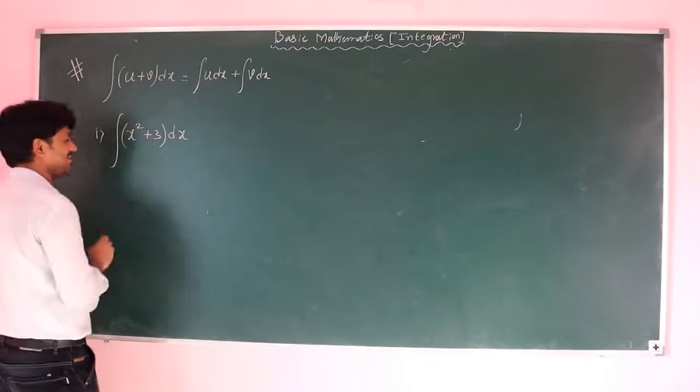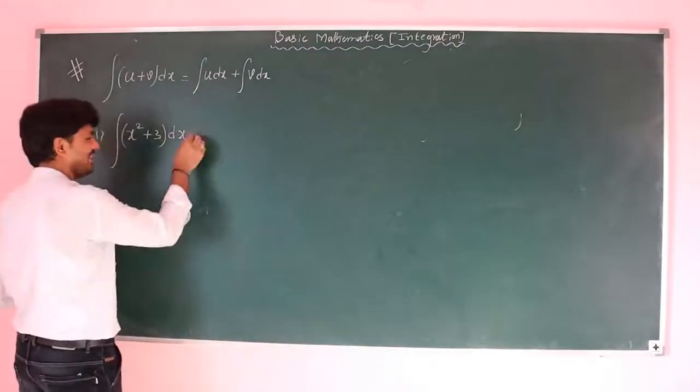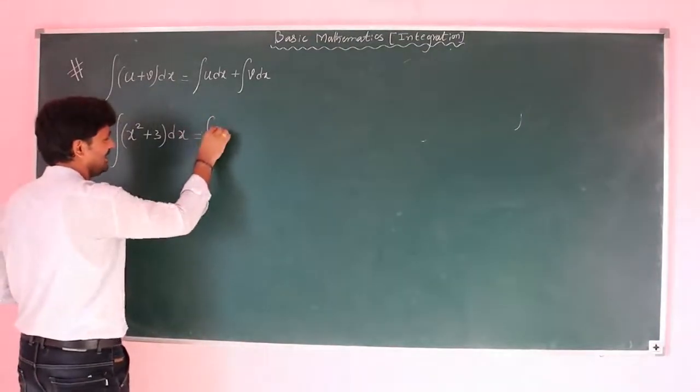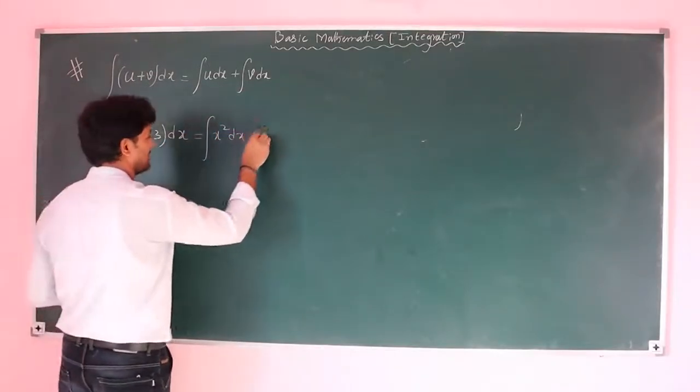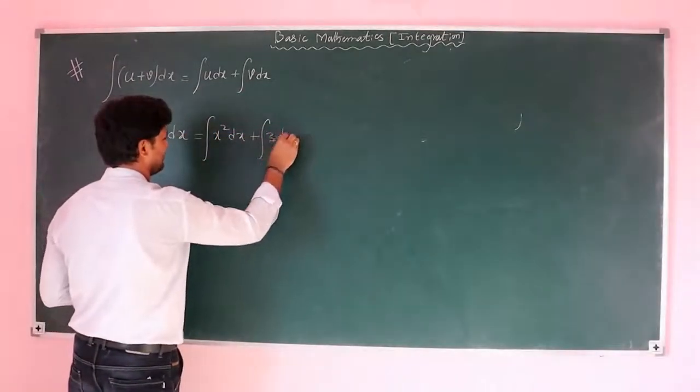So 3 is a constant here. What do we have to take? Simply integral x square dx plus integral 3 dx.